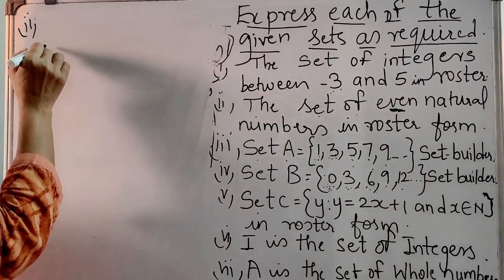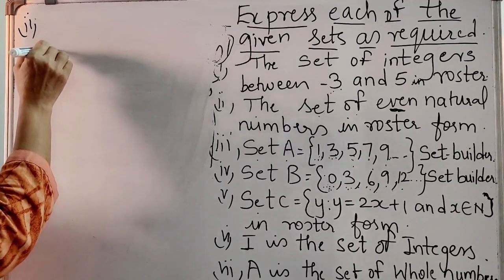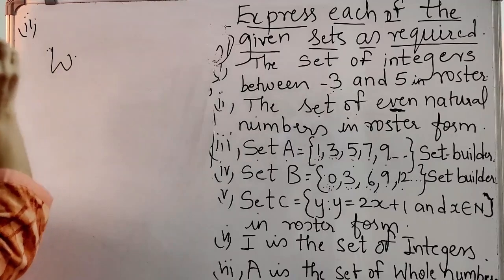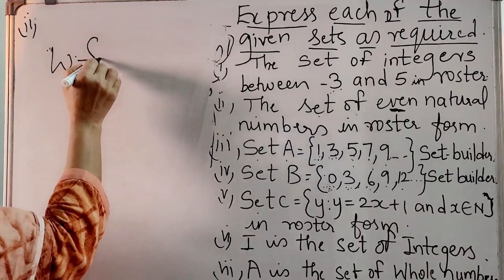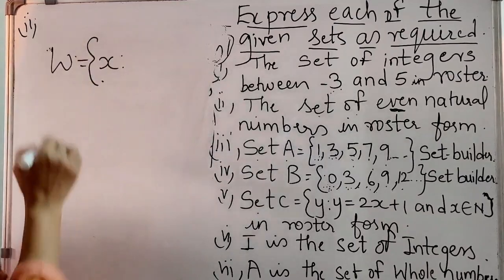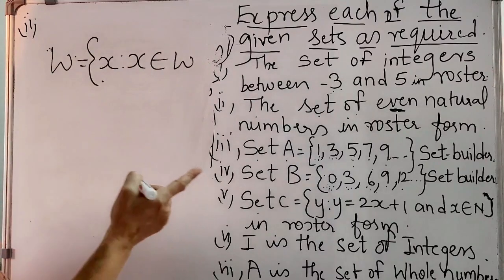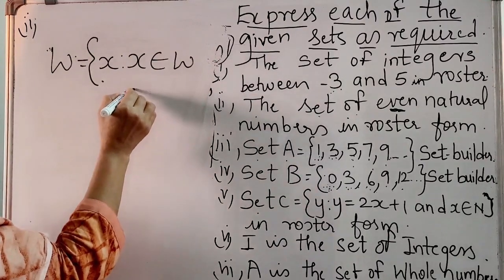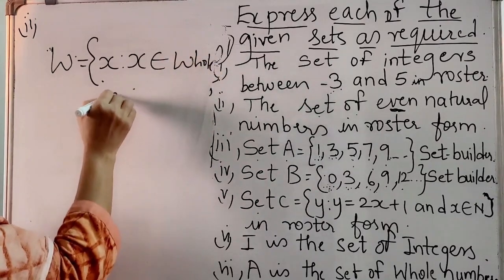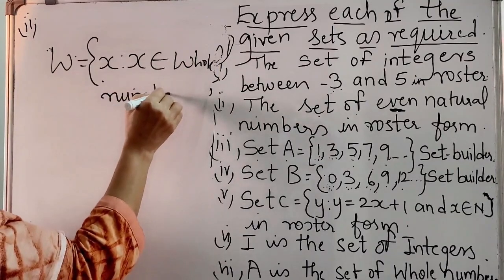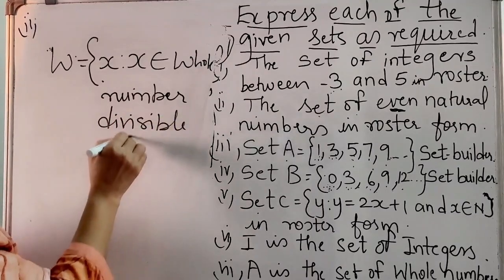So set B is such that it is the whole numbers, x is such that x belongs to the whole numbers, divisible by 3.